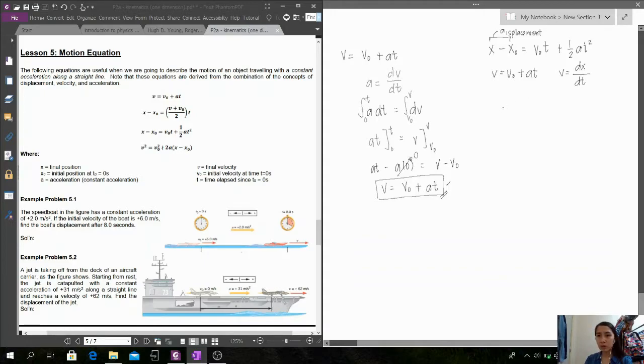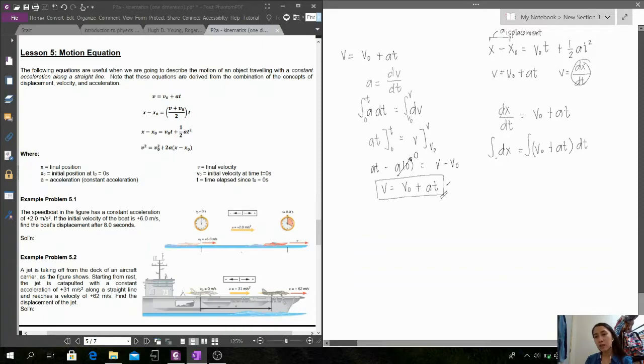So we first substitute this one. So dx over dt is equal to v sub o plus at. Interchanging, we have dx is equal to v sub o plus at times dt. So, we'll have to integrate both sides.